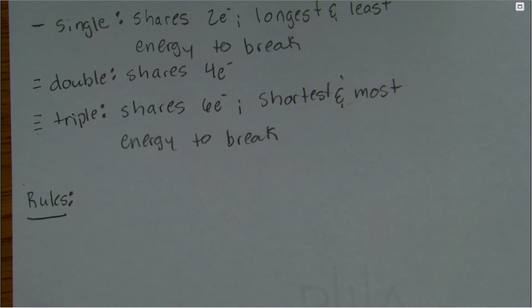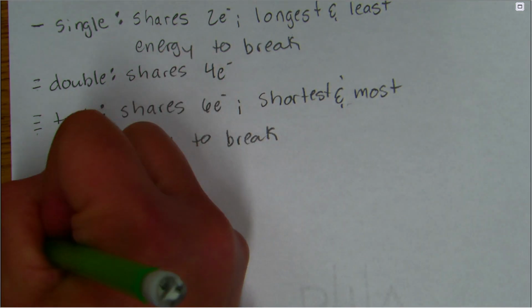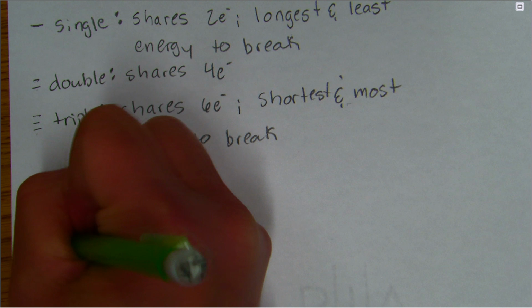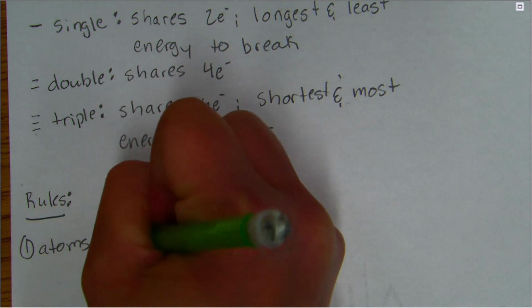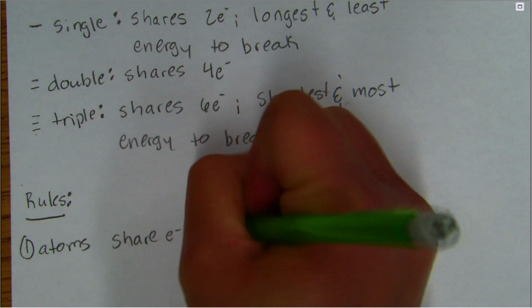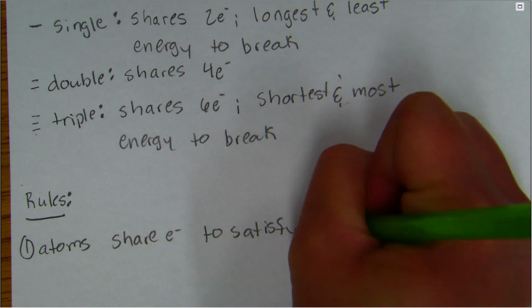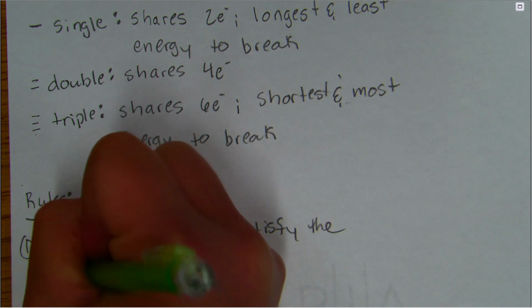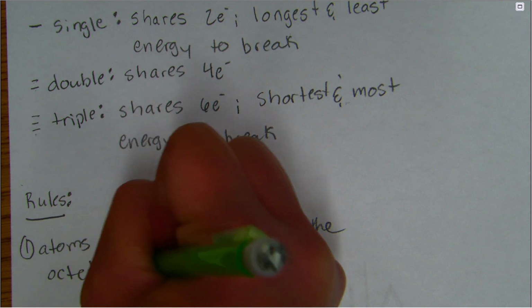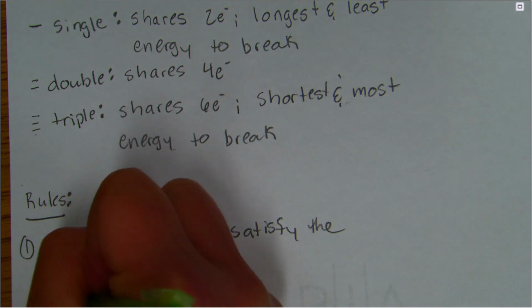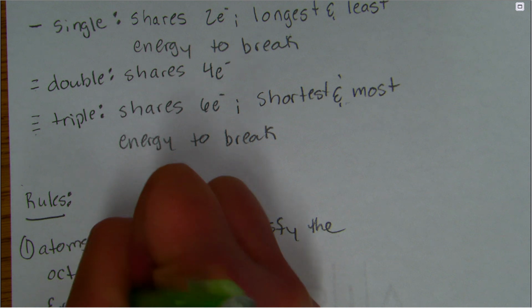Atoms are going to share electrons in order to fulfill the octet rule. And of course, in chemistry, we always have to have exceptions to rules.